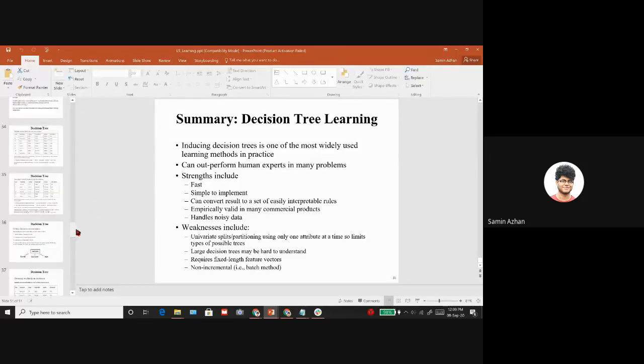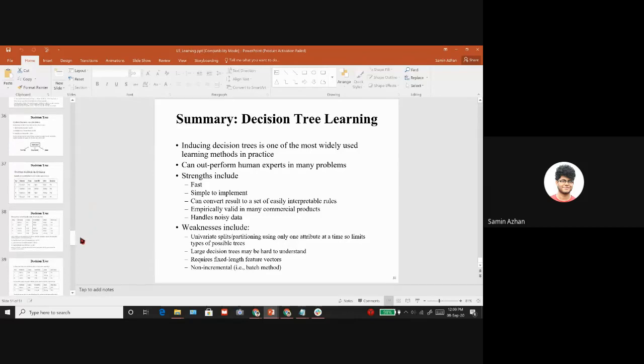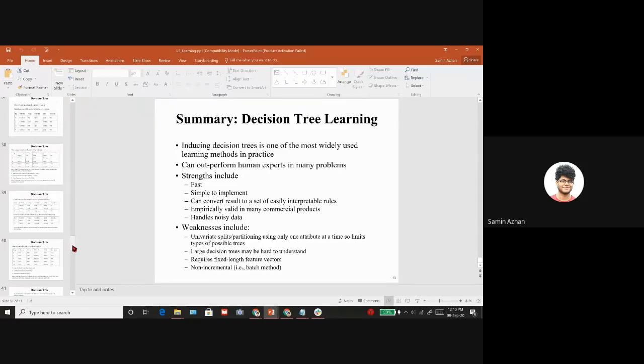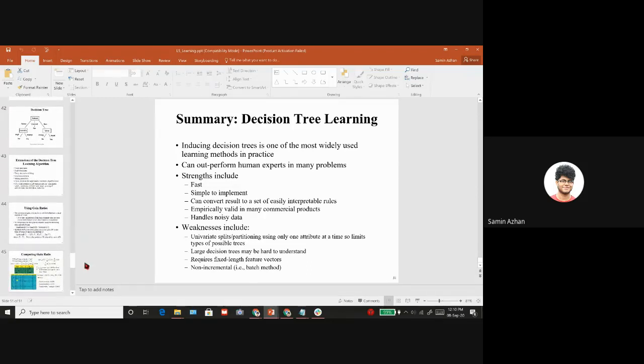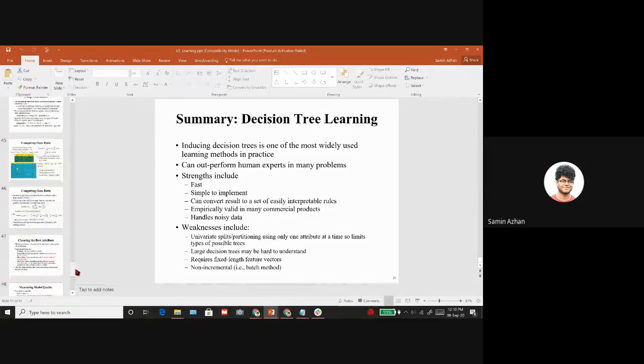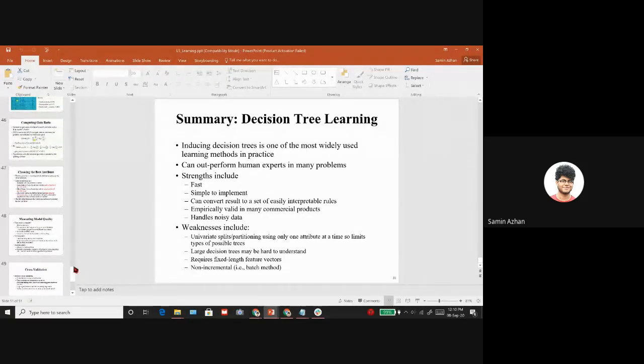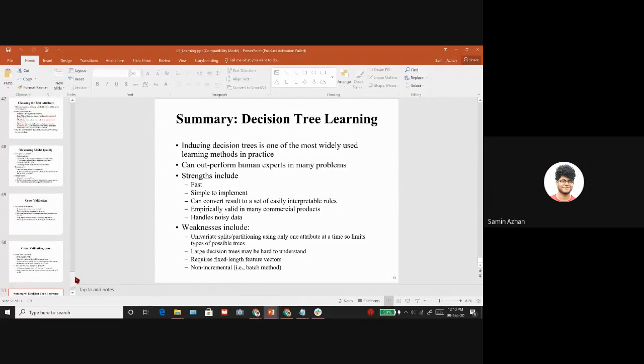And then we came to the conclusion that sometimes that might not give us an unbiased decision tree. So we should go for gain ratio instead of the actual information gain value. We also saw how we could calculate the gain ratio by calculating the split info. And then finally, we saw how to determine our model quality, and then we talked about cross validation.